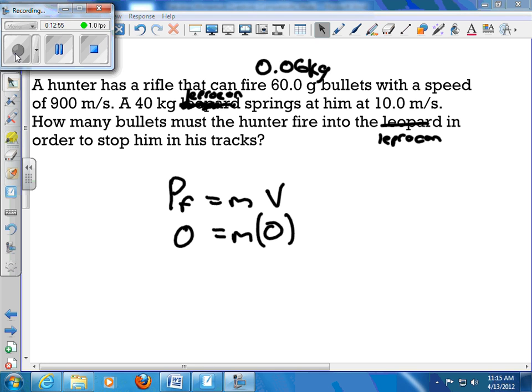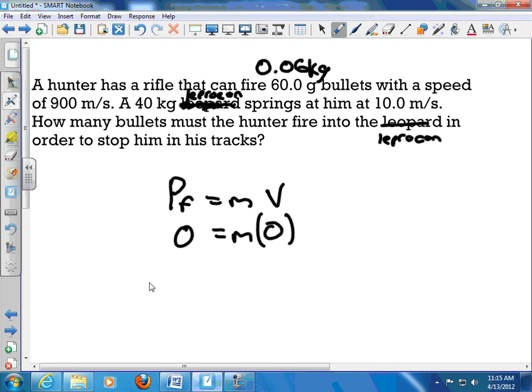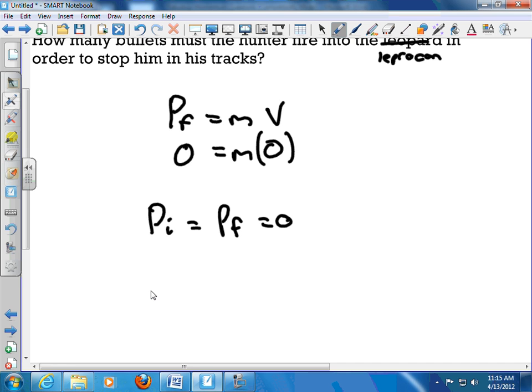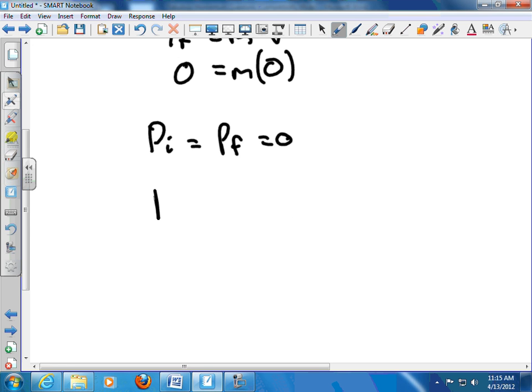So our initial momentum equals our final momentum equals 0. Our initial momentum equals the number of bullets times the mass of those bullets times their velocity, because there's going to be more than one bullet going into him. We know that. What's the N? N is number.